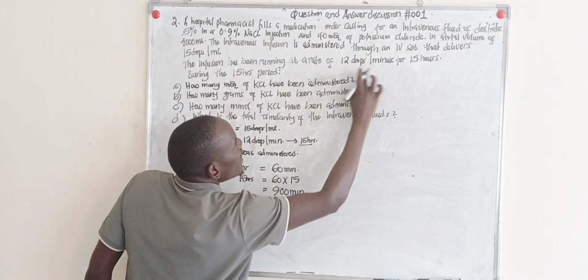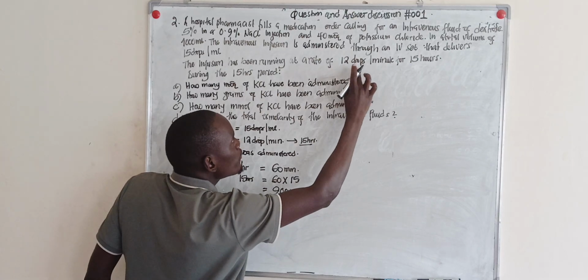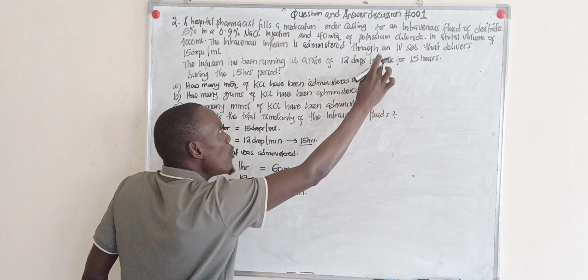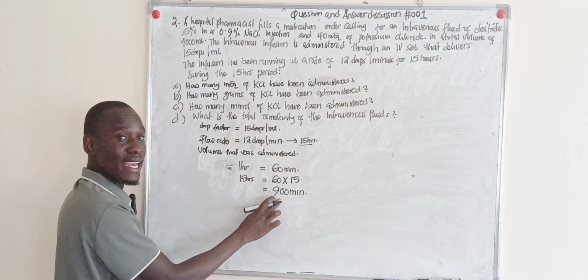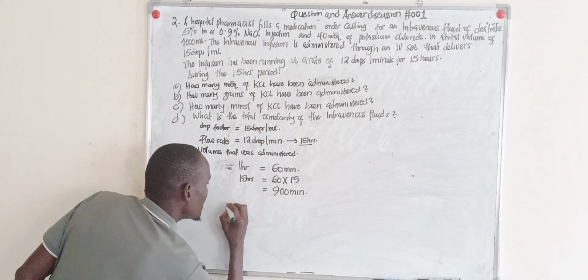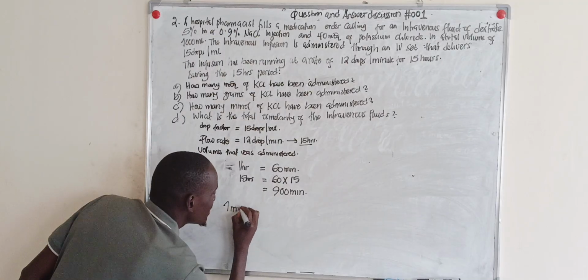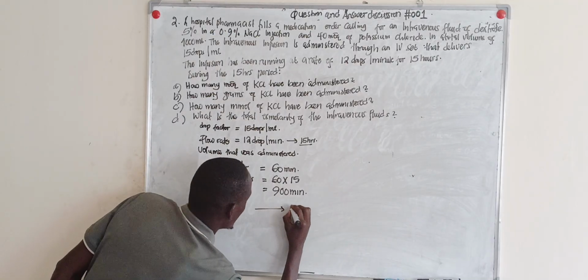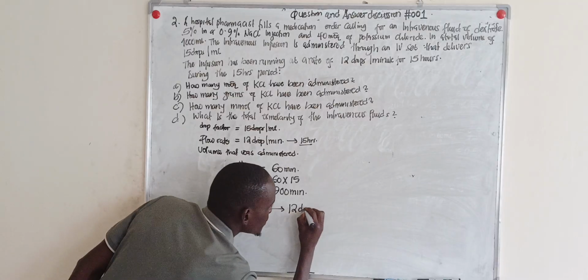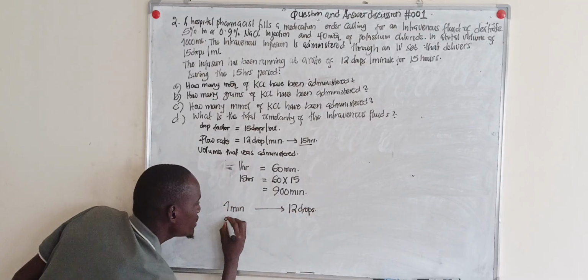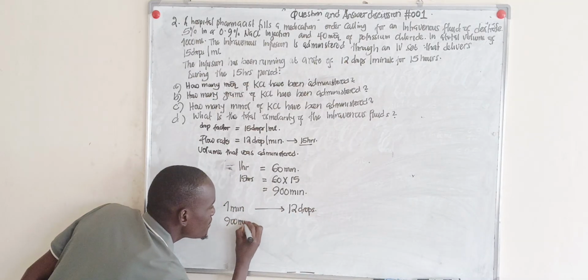So, if you have 900 minutes, and the flow rate is 12 drops per minute, how many drops will be in the 900 minutes? We shall say that 1 minute has 12 drops. How about the 900 minutes?